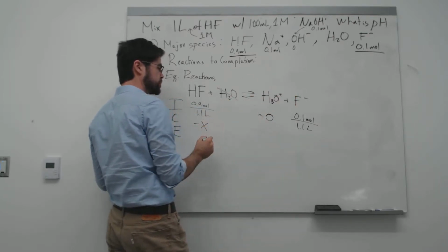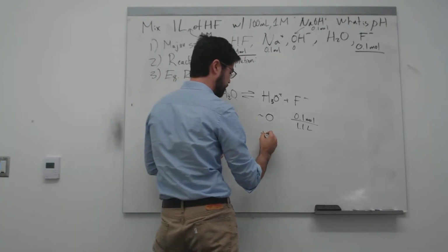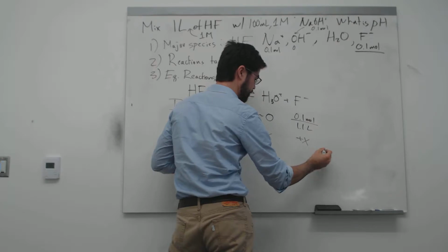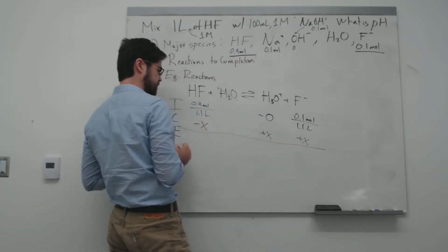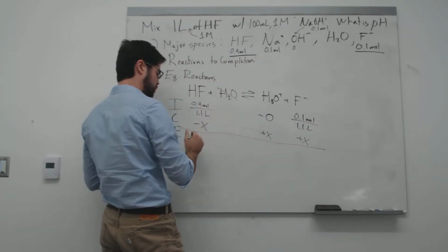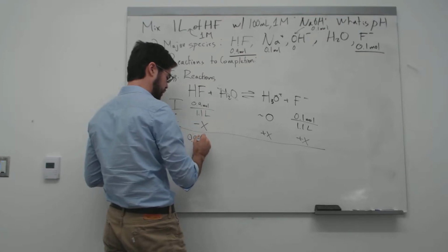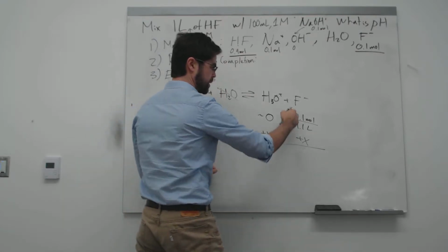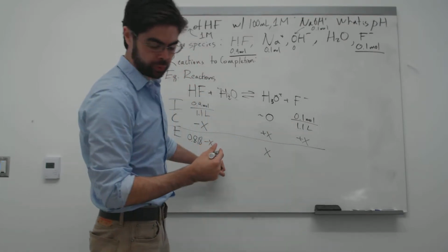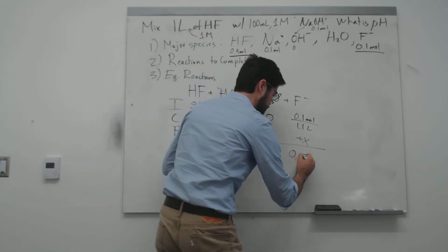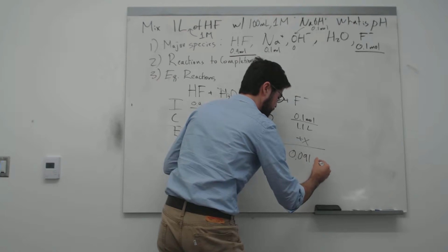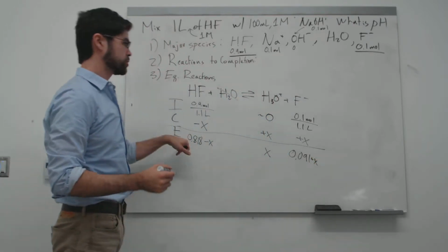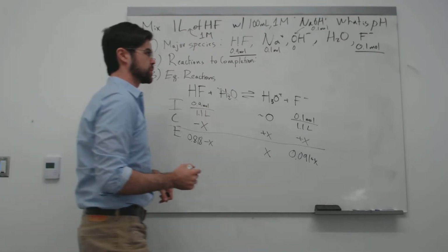So I should lose some HF, generate some hydronium, and also generate some fluoride ions. So 0.9 over 1.1 is about 0.818 minus x, and then 0.1 divided by 1.1 is about 0.091 plus x. So these are my equilibrium concentrations.